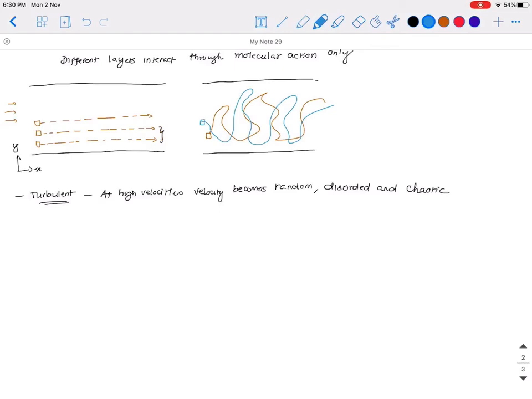motion in turbulent flows. You have read that gaseous molecules are in random motion. Here, instead of the molecules, the bulk of the fluid itself exhibits random motion.